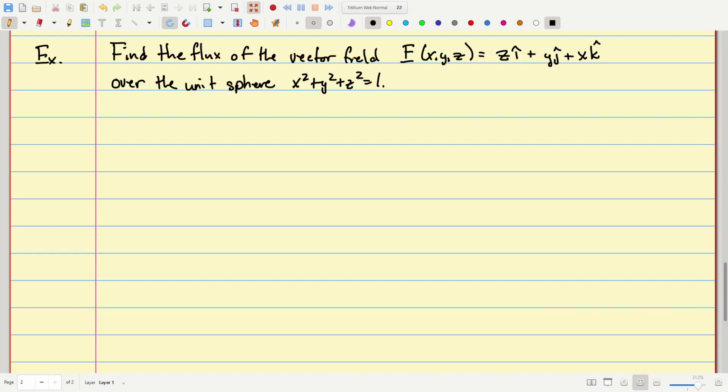When the book says flux, it means the surface integral. So that's an important vocabulary word: flux.